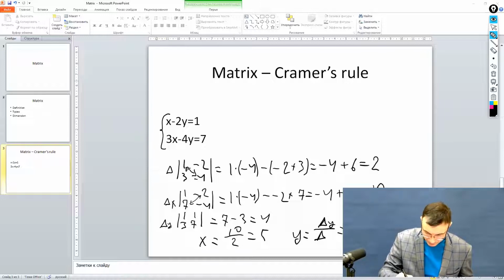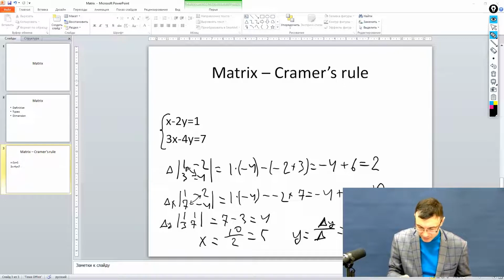So this will be 4 divided by 2, and it makes 2. So we have the answers 5 and 2 in our solution of the matrix by Cramer's rule. Thank you for your attention.